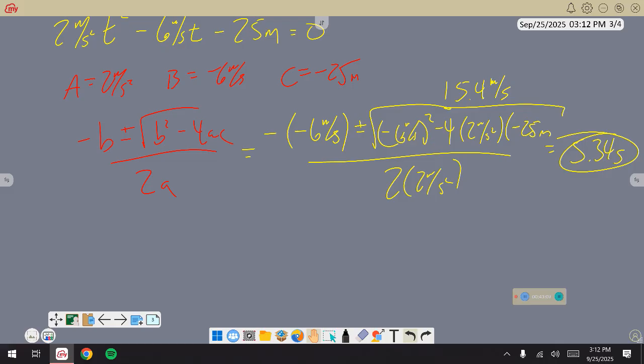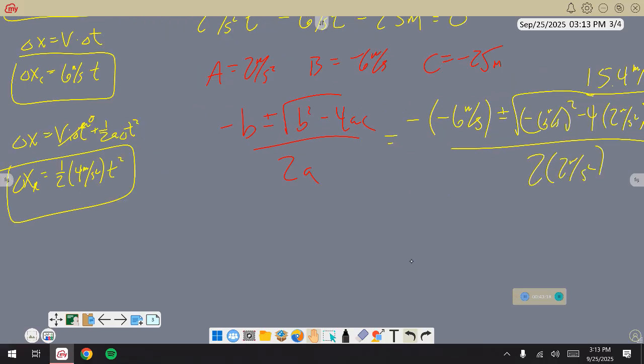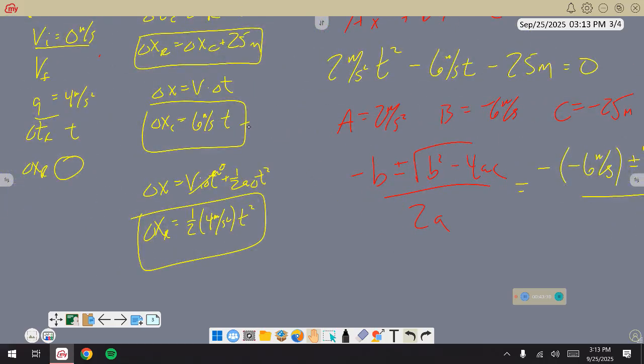If I wanted to know how far Chris went, the only thing I would do differently is plug that time in, multiply that by 6, plugging into the original equation, and I'd find that Chris made it 32.1 meters. And if I plugged it into this one right here, oh, I don't get the same number.